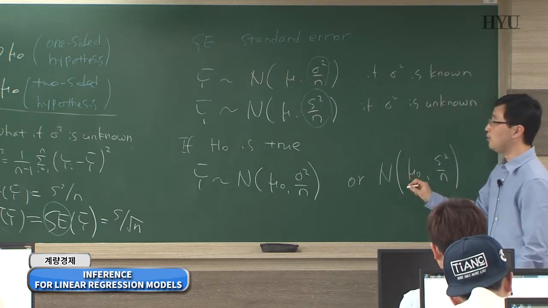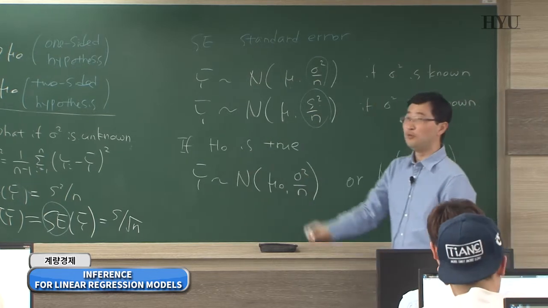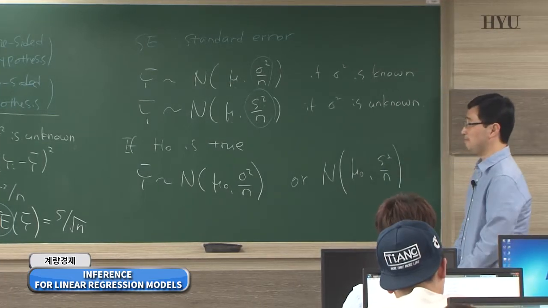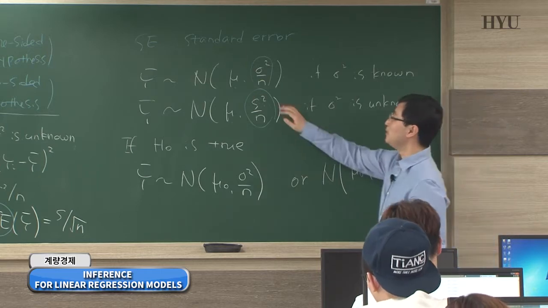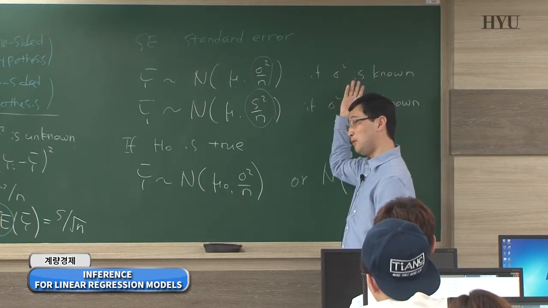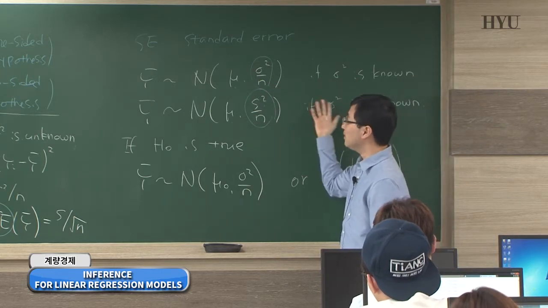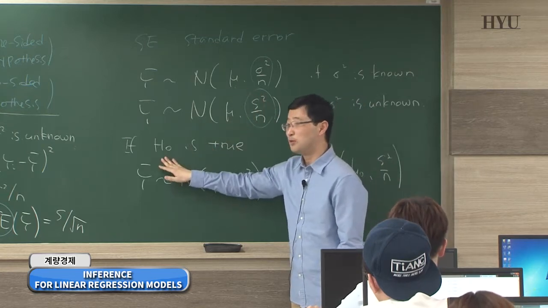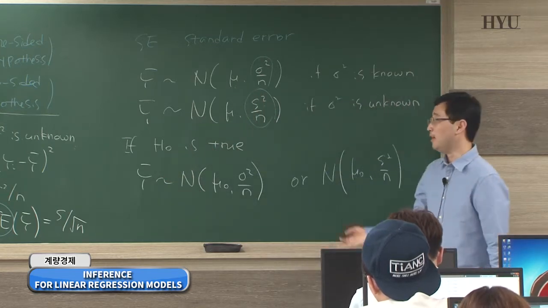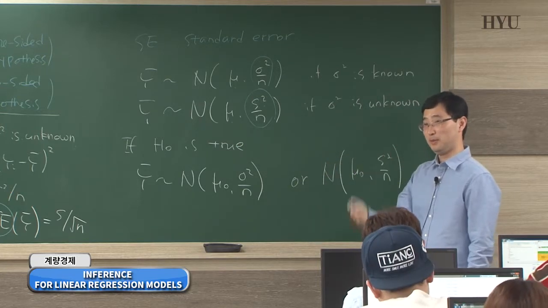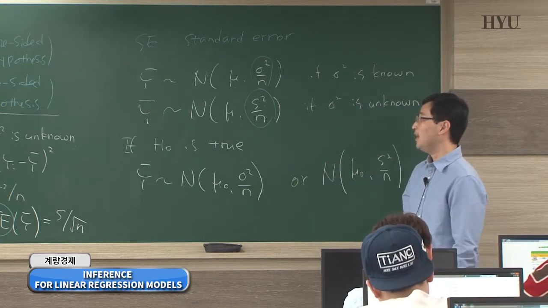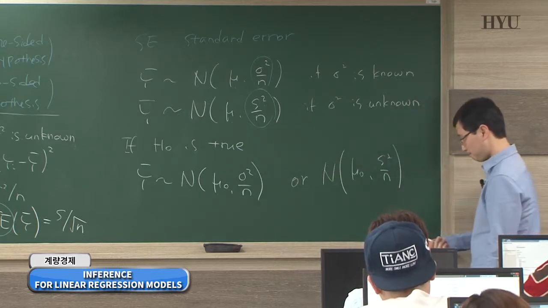Okay, so that's how we use the information in the hypothesis. Does it make sense? Now, this part is known because it's assumed to be known, or we can calculate. This part is known because we assume that the null is true. Now, everything is fixed. You can calculate probability using this normal distribution. Okay? It's all review. Okay?